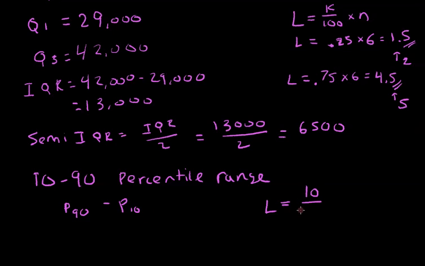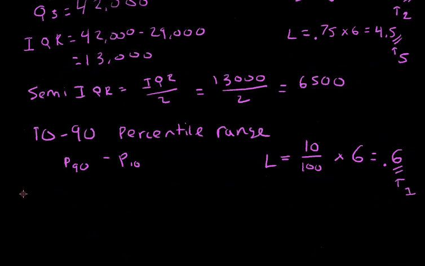So 10 divided by 100 times 6, that'd be 0.1 times 6, which is going to be 0.6. All right, so round that up to the next whole number. That'll give us 1. Okay, so the first observation is 28,000. So P10, the 10th percentile, is 28,000.